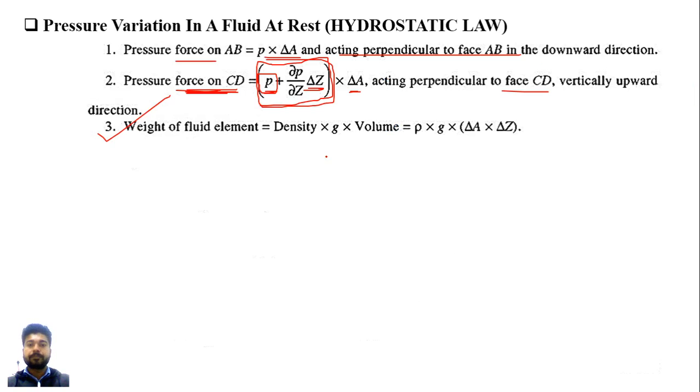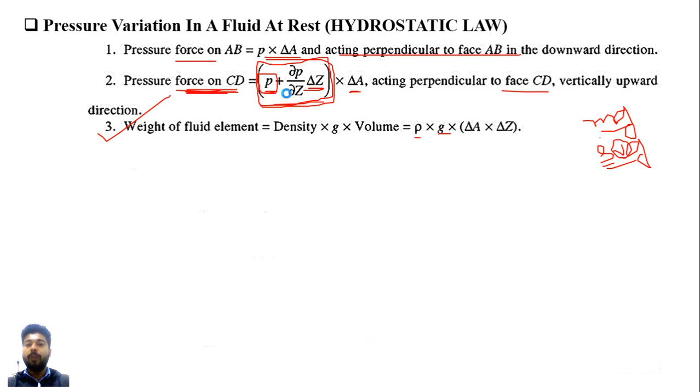And the weight of the element is the third force. So weight equals mass into gravitational acceleration, and the mass we can write as ρ V, so weight is ρ V g. Rho is the density of the fluid, and V is the volume of the fluid.